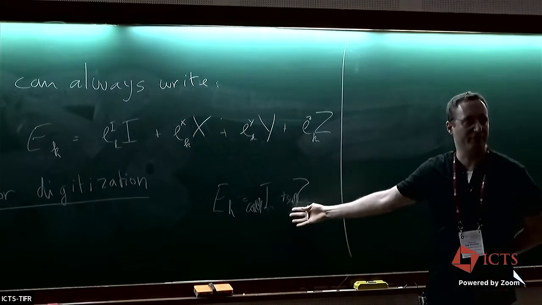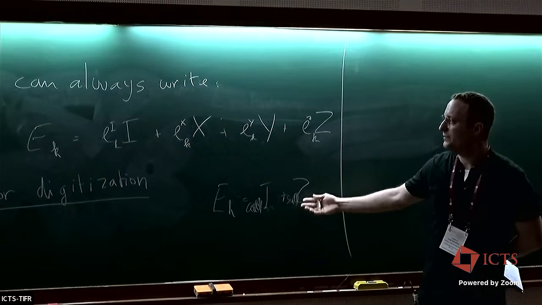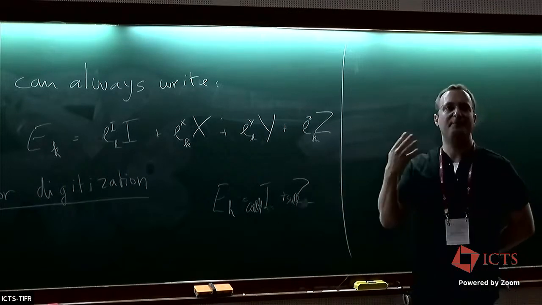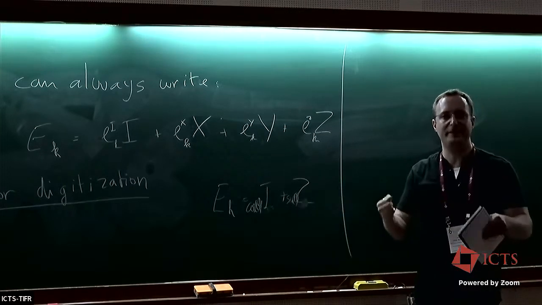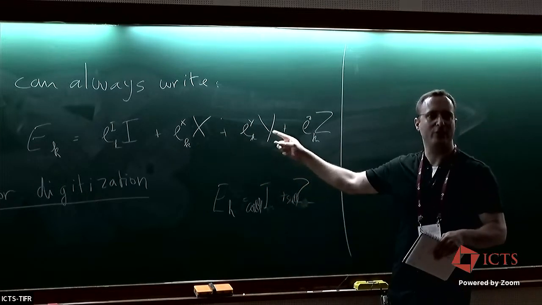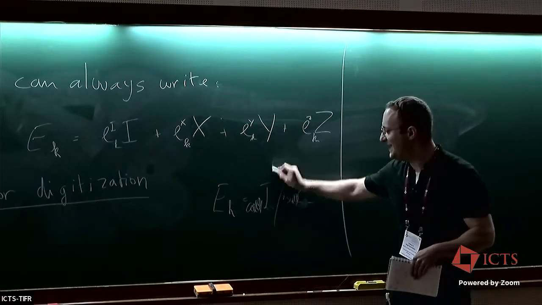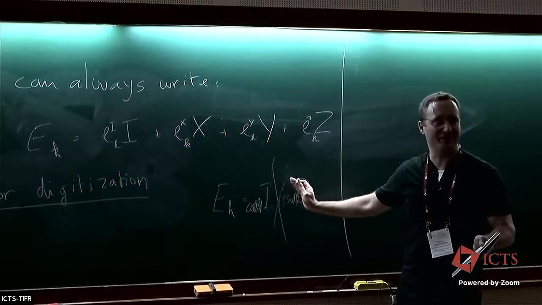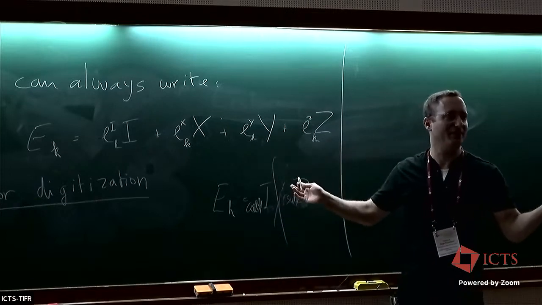It's a unitary operator. But what you do in quantum error correction is you collapse yourself. You measure the system and you ask, was there an I, was there an X, was there a Y, or was there a Z? You break any such coherent superpositions, and then it doesn't matter where you started from.